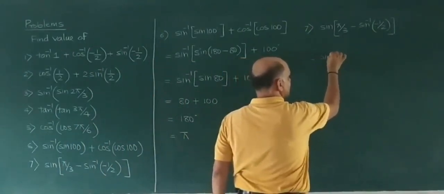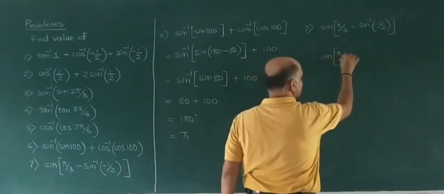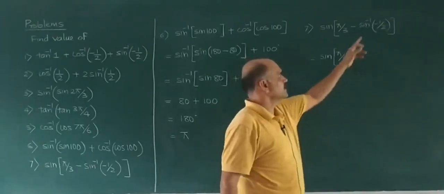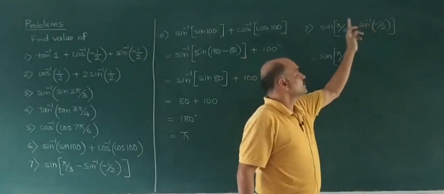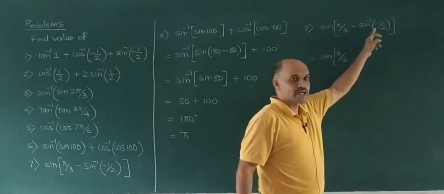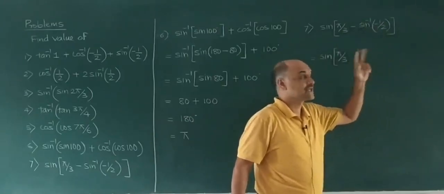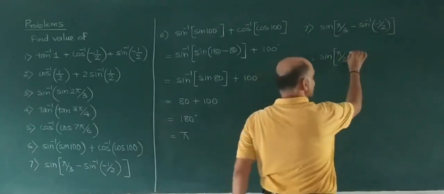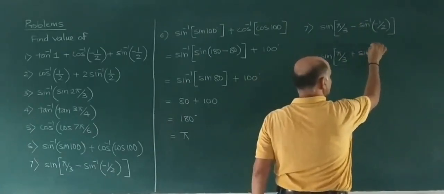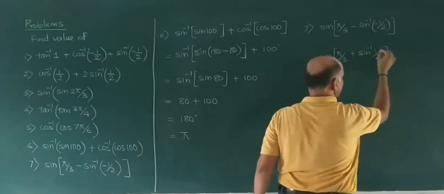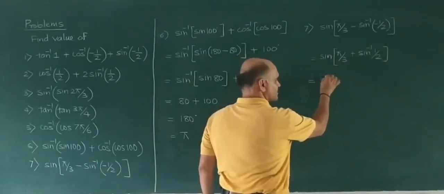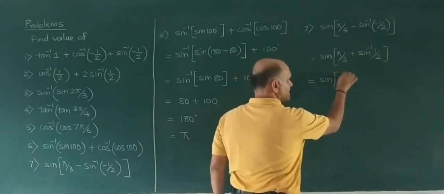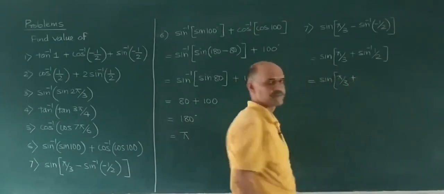Again here there is a minus sign. Sine inverse of minus x is minus sine inverse x. So if I take the minus, it will be plus. So plus sine inverse 1 by 2.